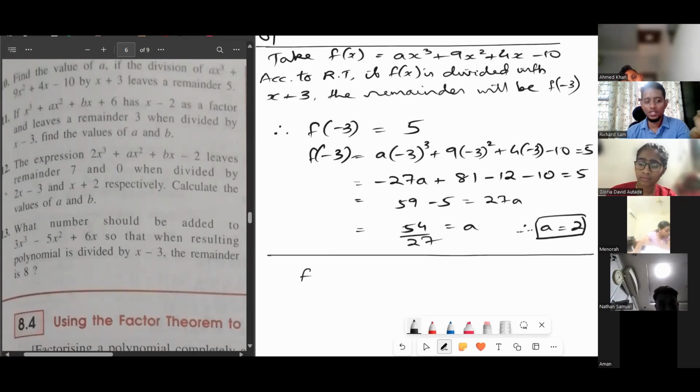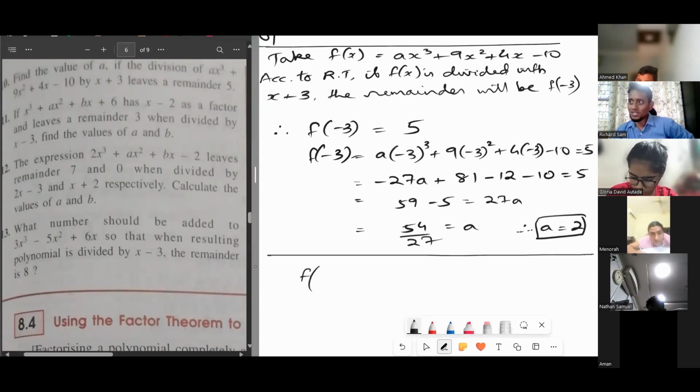When you're dividing by 2x minus 3, the remainder is 7.